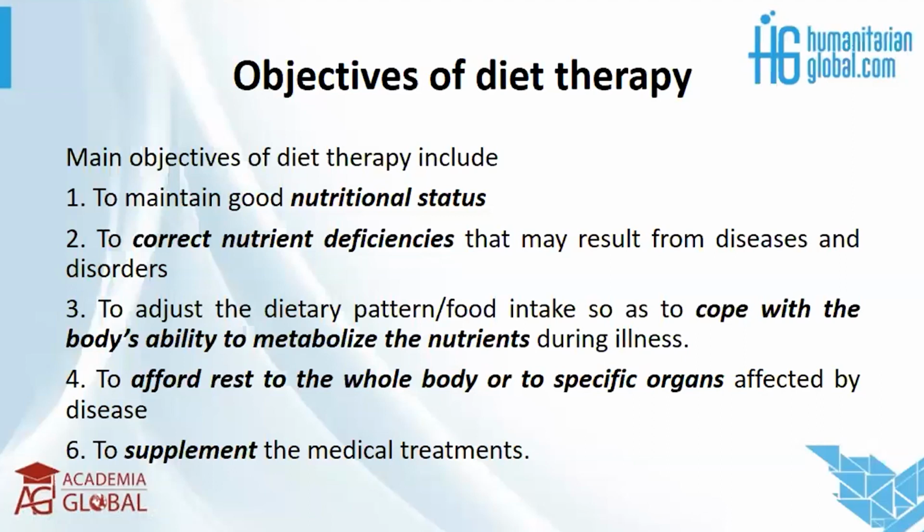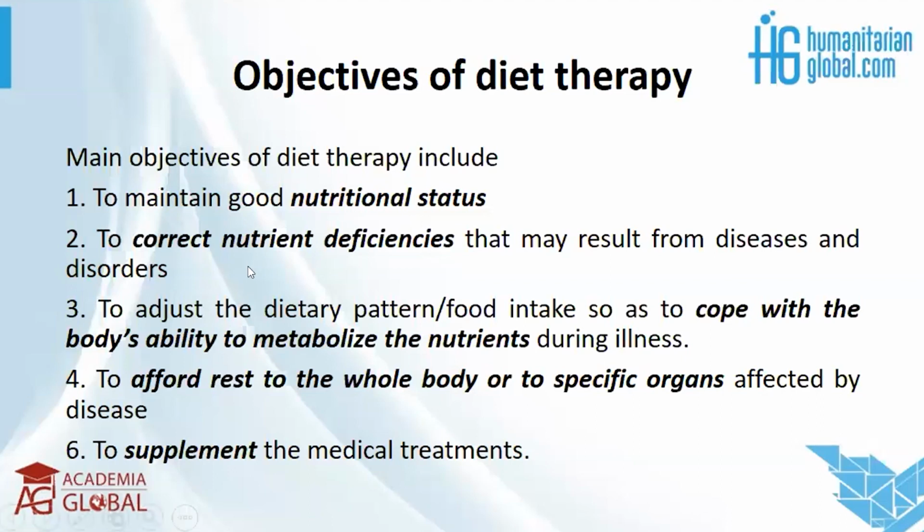If you feed well, meaning a well-balanced diet, at scheduled times, then you are going to have a good nutrition status. And on the contrary, if you do not acquire all the nutrients from the foods that you consume, then you may have a poor nutrition status. So we do diet therapy to make sure that everybody has a good nutrition status.